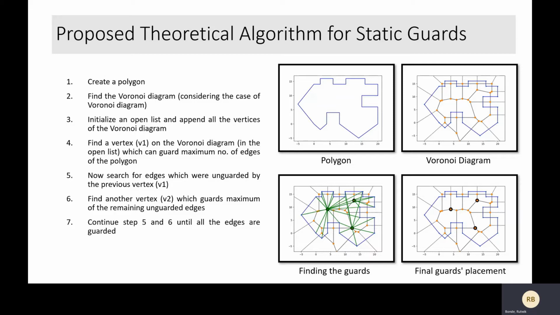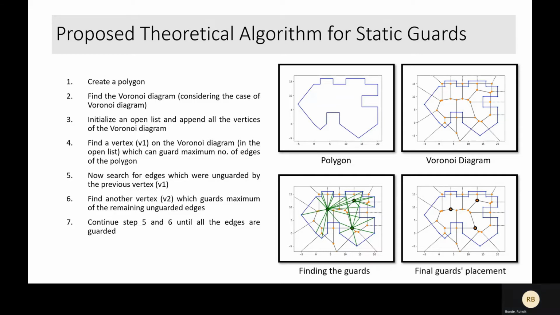The algorithm starts with creating a polygon. In this case, we have considered the example of the Voronoi diagram. In the second step, we find the Voronoi diagram. But instead of the Voronoi diagram, we can also use the dual tree, triangulation, skeleton, shrunken polygon, anything. But for this case, we are considering the Voronoi diagram.